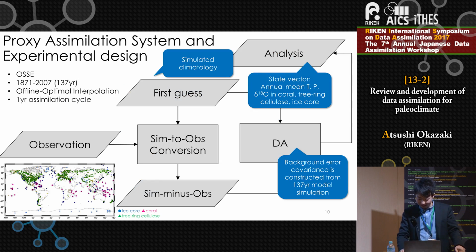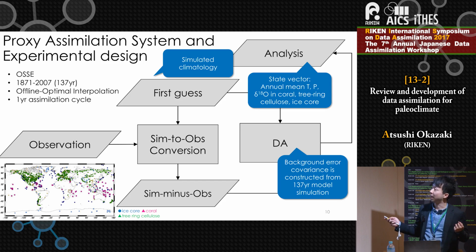So using the models, we conducted data assimilation for the period of 1871 to 2007 in the framework of an OSSE. We used offline optimal interpolation for the assimilation algorithm, and the assimilation cycle is 1 year. The flowchart shows the flow of data assimilation, and as I said, I did offline data assimilation.